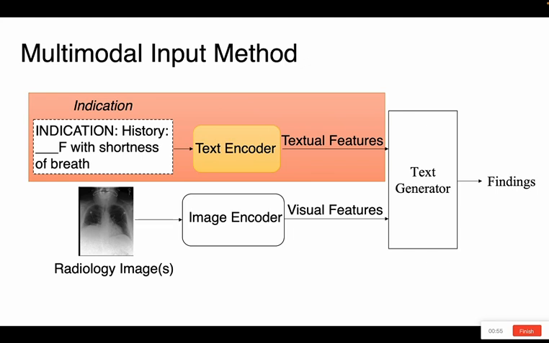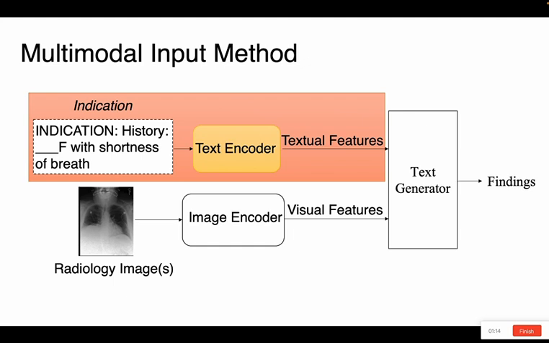The orange part is our core technique. The text generator uses a transformer-based architecture to generate the final report findings. It's fine-tuned, conditioned on the extracted visual and textual features.